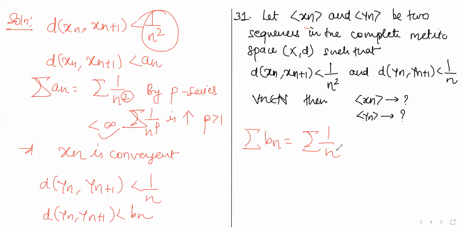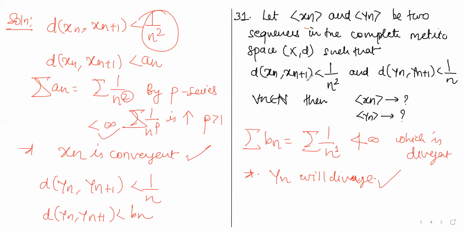By the p-series test, here p is equal to 1, so it is divergent. If the series is divergent, this implies the sequence yn will diverge. So xn is convergent and yn is divergent.